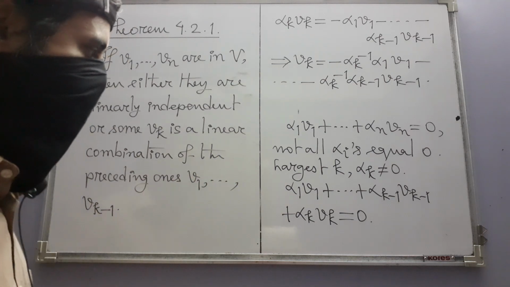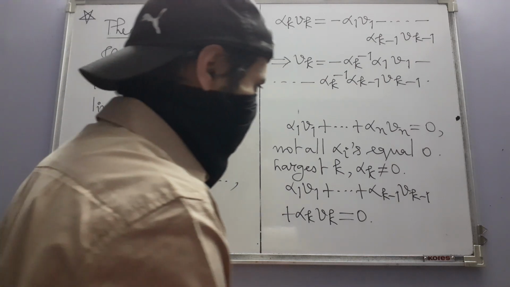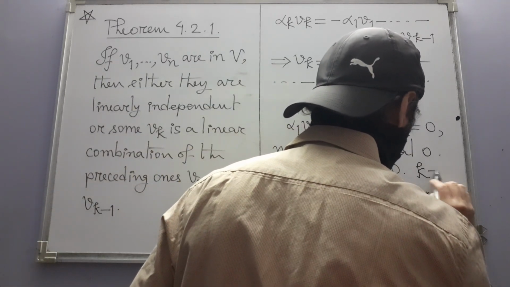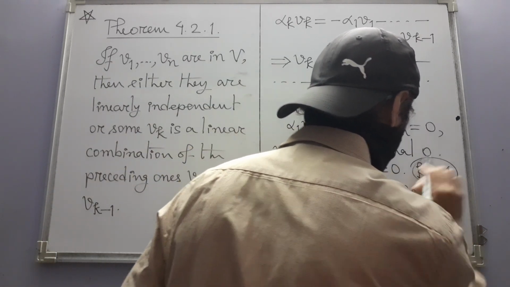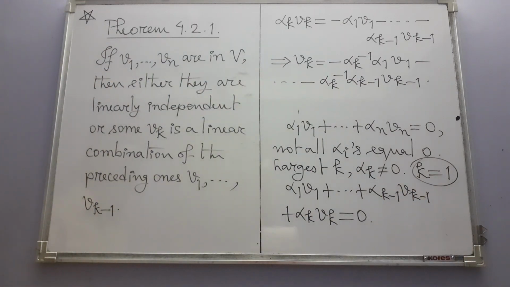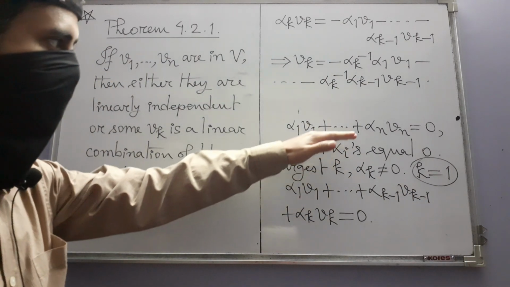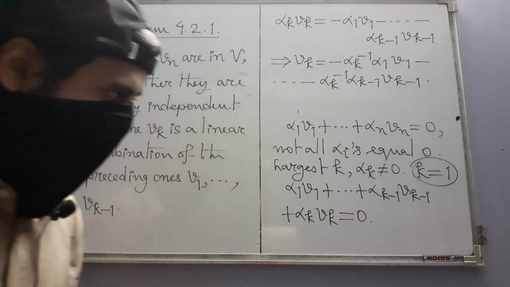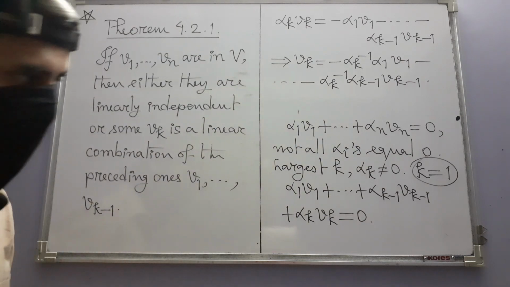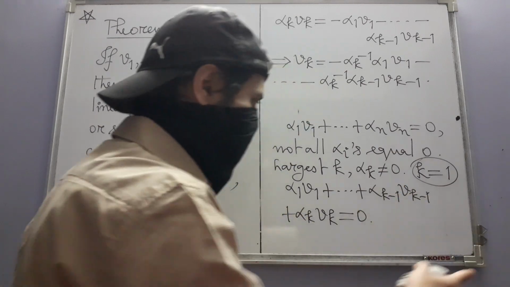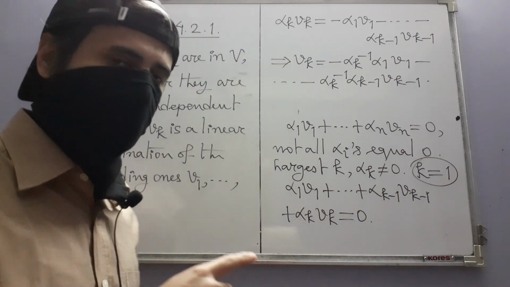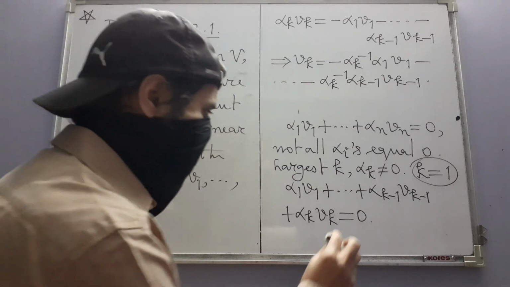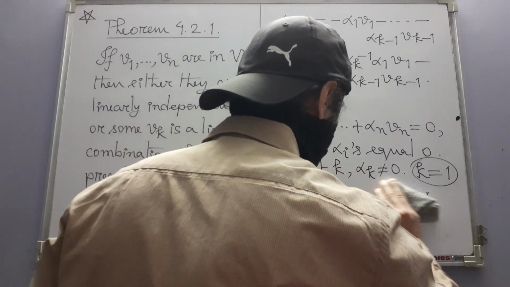What will happen then? Suppose k is equal to 1, then this reduces to what? Now the higher coefficients, alpha i where i is greater than 1, are all 0, and that's why those are not present.